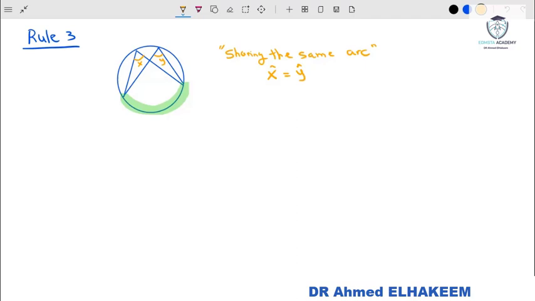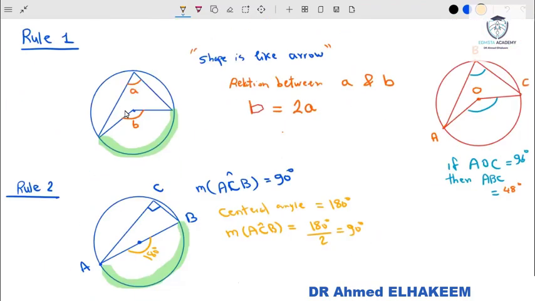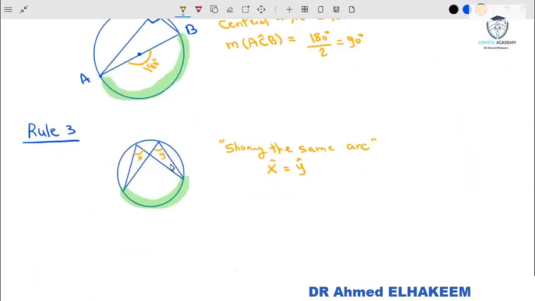So please don't confuse this rule with the other two or the previous rules. Because there we have a central angle, and the central angle is the controller of those two rules. But here we don't have a central angle.